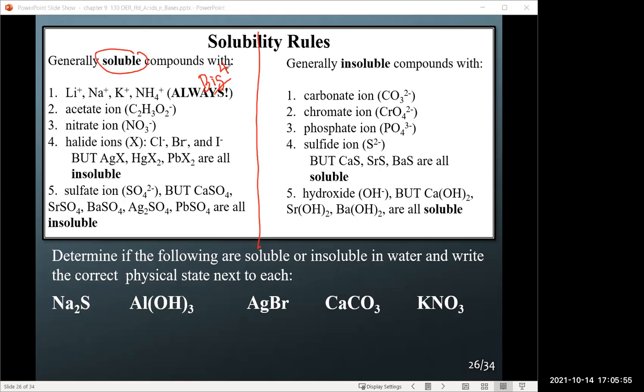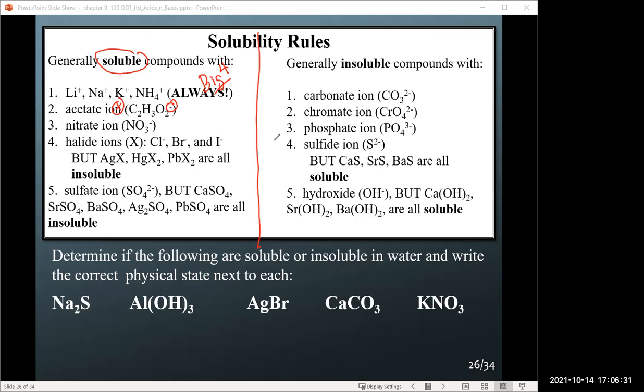Okay, the big four. The acetate ion, that came from acetic acid, the acetate. Any cation, notice it is an anion. So any cation, any positive charged species, regardless of what it is, if it's copper acetate, strontium acetate, whatever, gold acetate, nickel acetate, etc., any metal, when bonded to acetate, it is soluble.